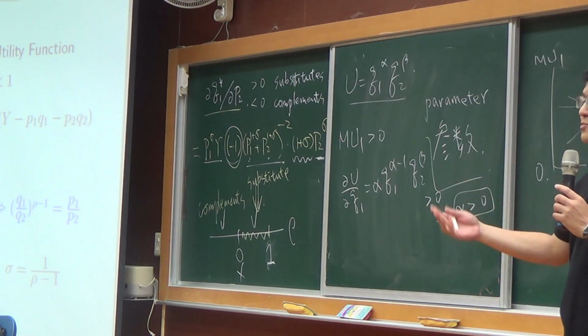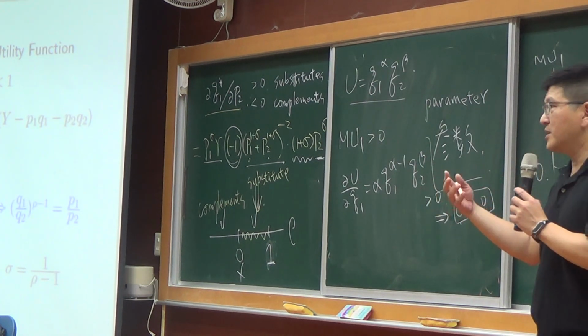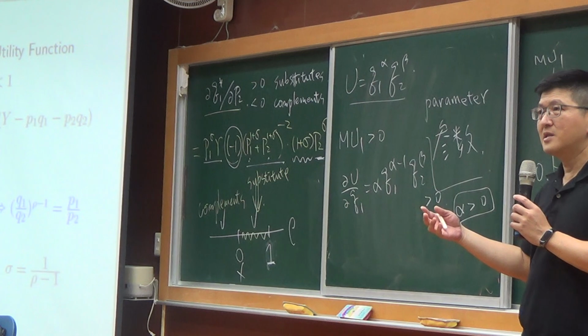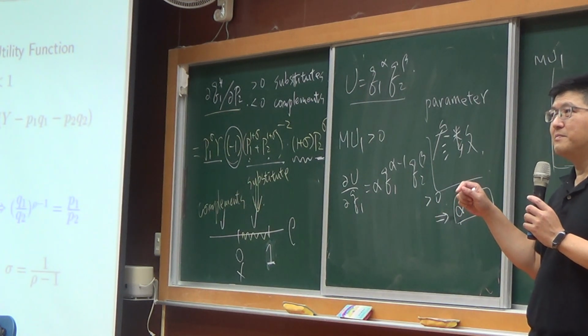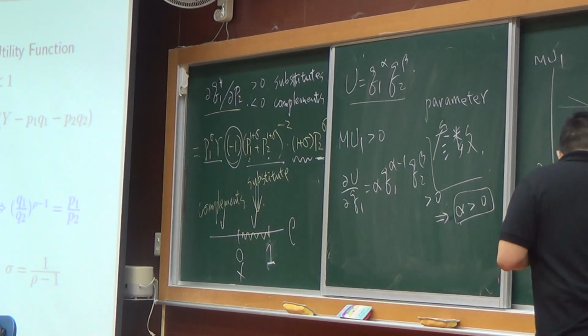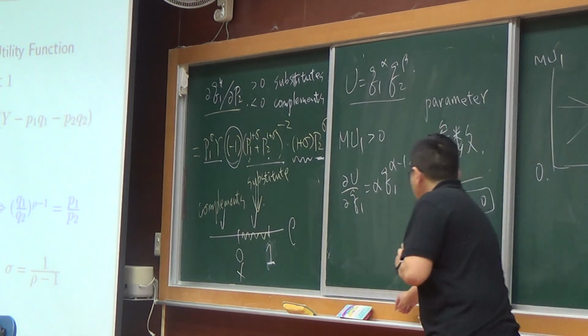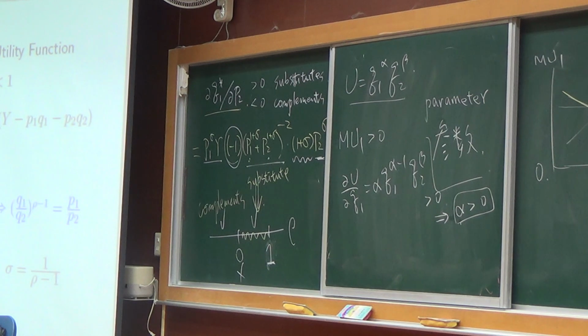The more you consume one thing, the smaller the marginal utility you derive from this consumption should be, right? For most cases, this one can be reasonable: a decreasing marginal utility.